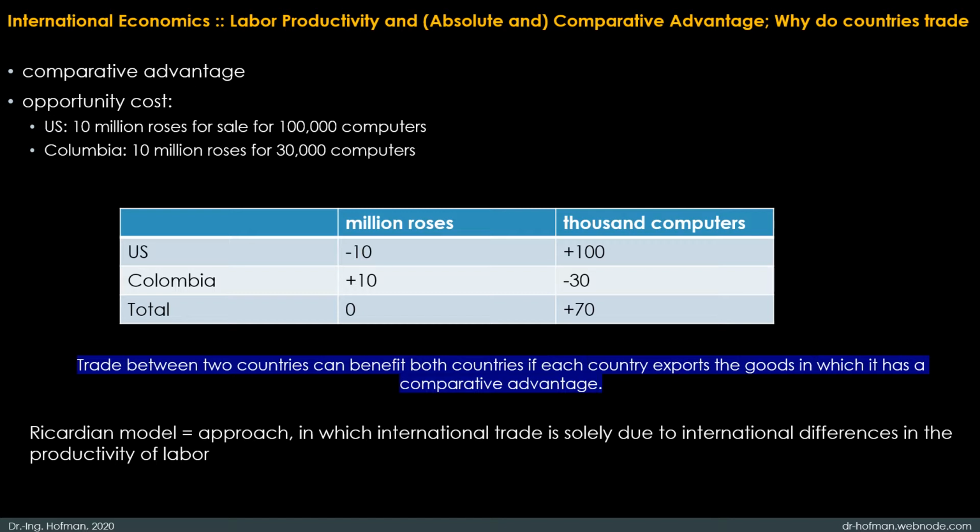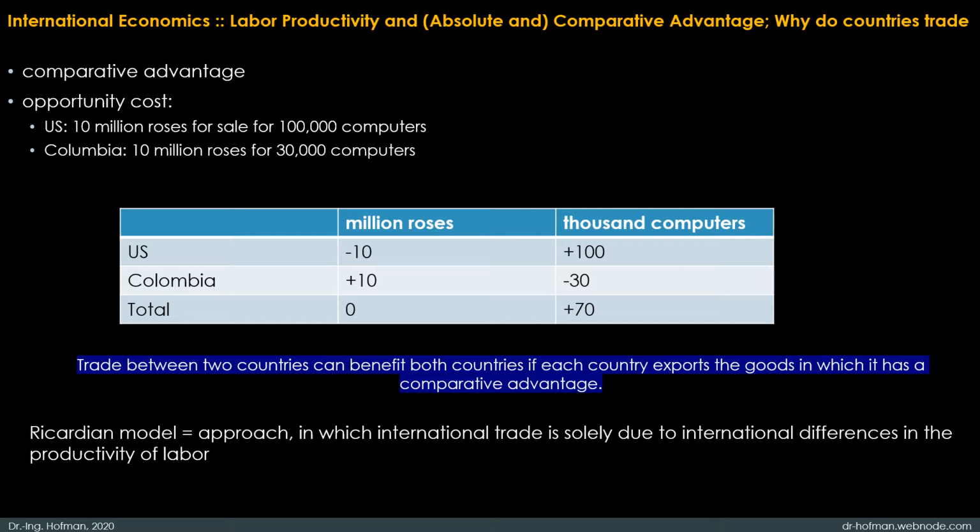Inevitably, there is a trade-off. In order to produce winter roses, the US economy must produce fewer of other things, such as computers. Economists use the term opportunity cost to describe such trade-offs. The opportunity cost of roses in terms of computers is the number of computers that could have been produced with the resources used to produce a given number of roses.